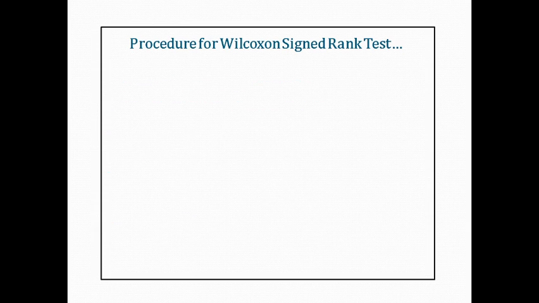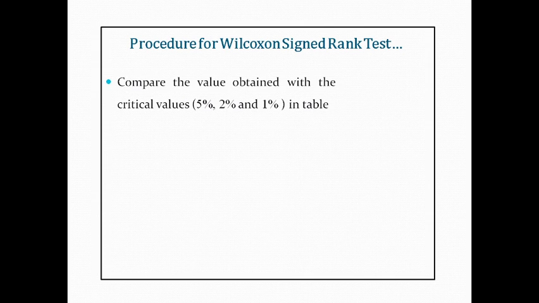Compare this value, the test statistic W, to your critical value, that is, your table value given in the statistical table. In the statistical table, separate tables are available for the Wilcoxon sign rank test, so you can use them directly.